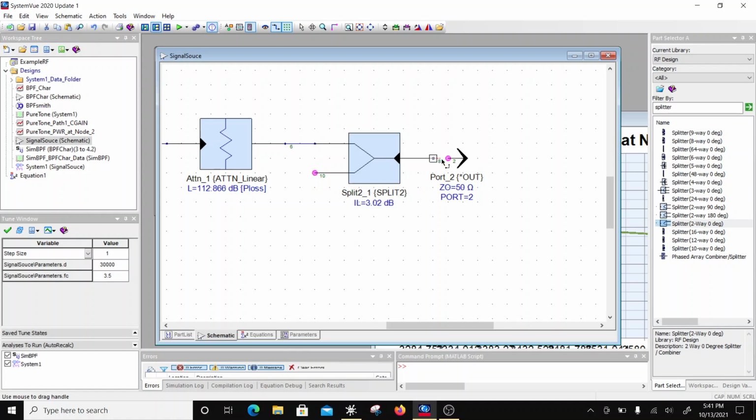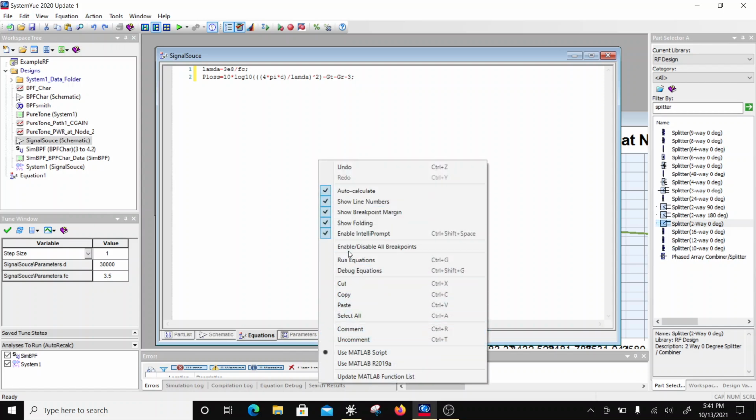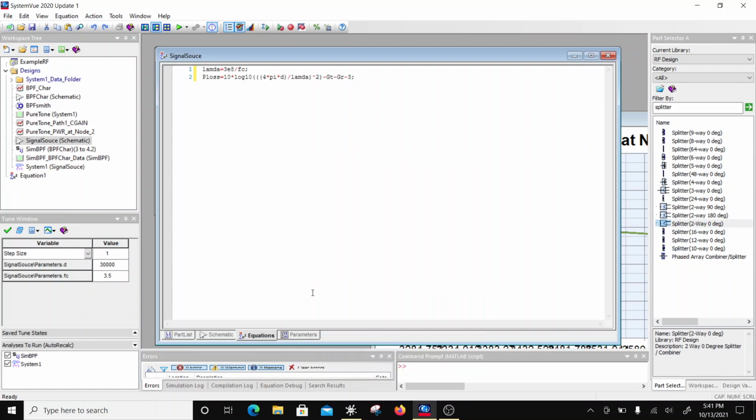And I am not going to touch this 3 dB, because the way this splitter is implemented, it's going to combine equal amounts of power. So basically it's a 3 dB addition. So that's why I'm going to subtract out 3 dB from here. So I'll go to equations, and I will insert here -3. So I'm going to say run equations.